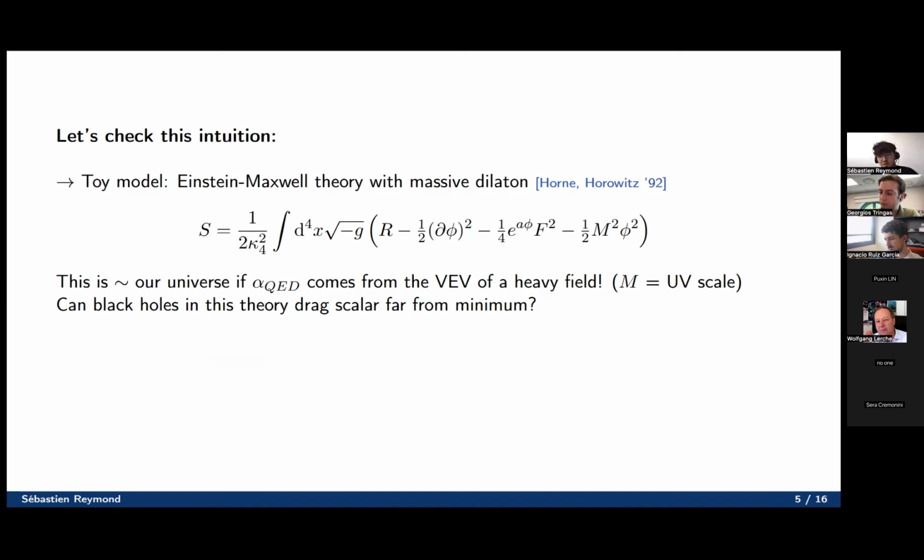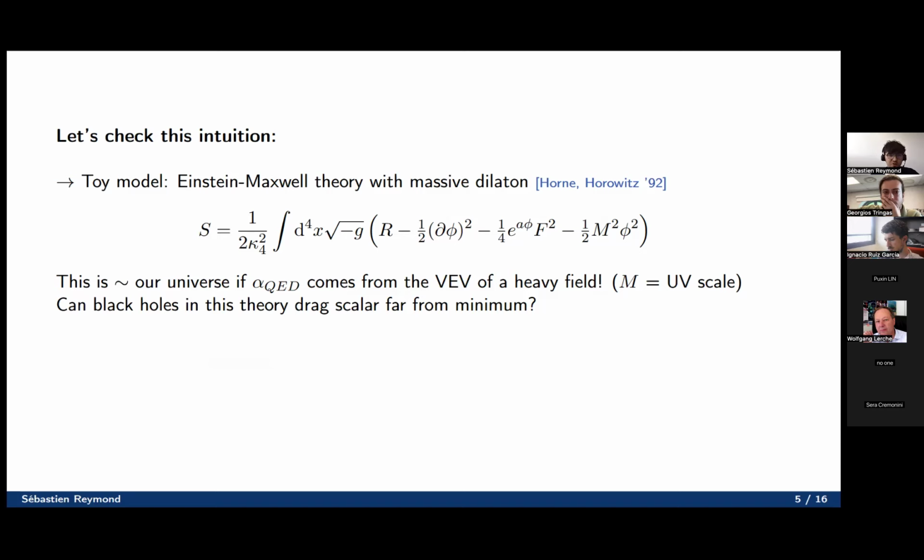So here, think of the mass of the dilaton as some UV scale, way above the standard model scale, say. And when you're below that scale, you can integrate out the dilaton, and that sets the fine structure constant, so the coupling of F squared. Now the question is, in this theory, can black holes drag the scalar phi far from its minimum?